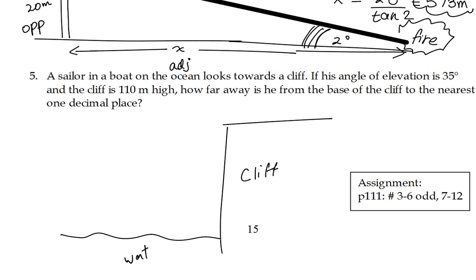Here's the water. And then you just want to fit a right angle triangle in there. That's not too bad, right? So you're just always looking to draw a right angle triangle. I'm thinking you'd put it against the edge of the cliff, right? Something like that.